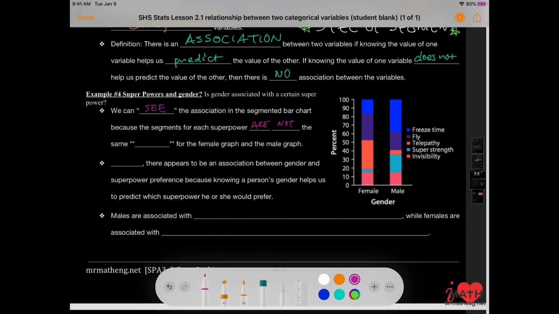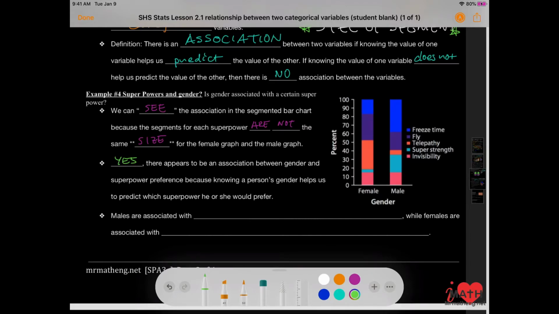What's the big word here? Size. For the female and male graphs. Okay, so let's compare a couple. So question, is there association? The answer is yes. There appears to be an association between gender and superpower preferences because knowing a person's gender helps us predict which superpower he or she would prefer.